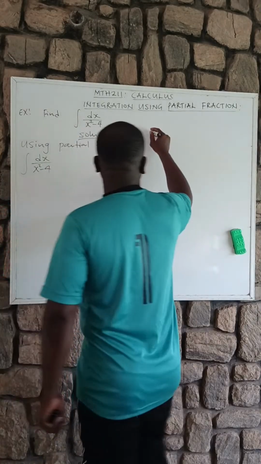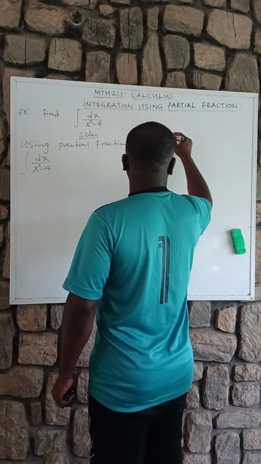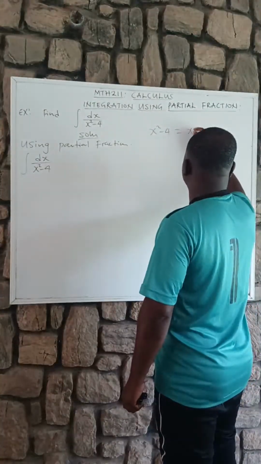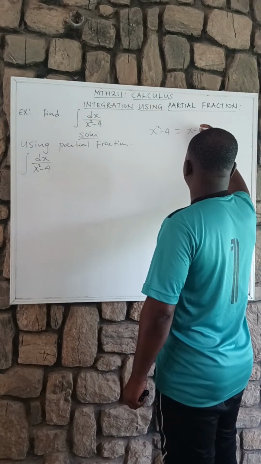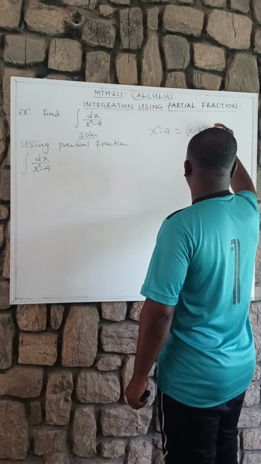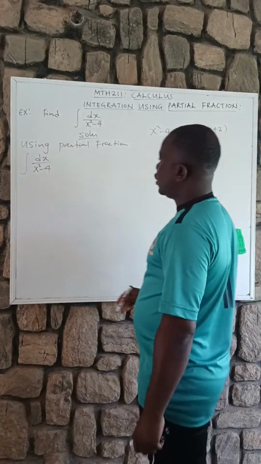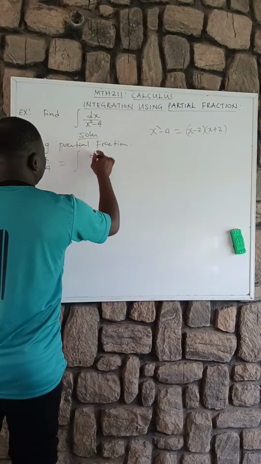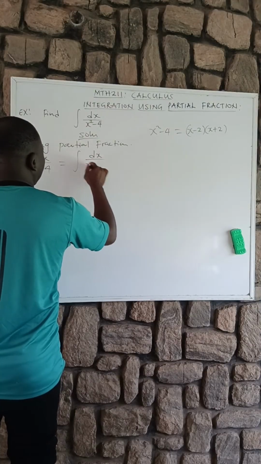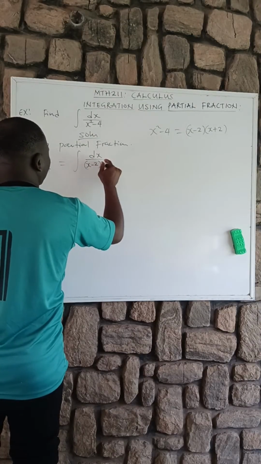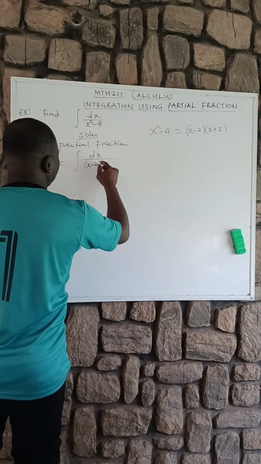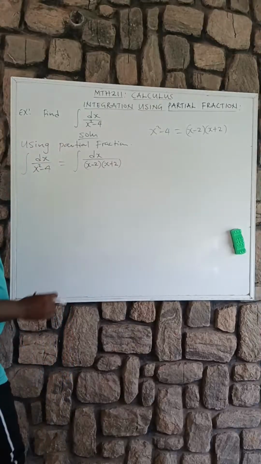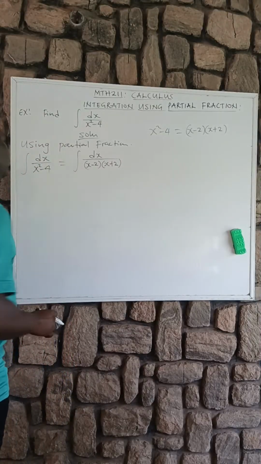Mind you, when you have x squared minus 4, know that this is a difference of what? 2 squared, right? This is the same as x minus 2 times x plus 2. Take note. So we can rewrite this in this form: dx all over x minus 2 times x plus 2. So now we can use a partial fraction.